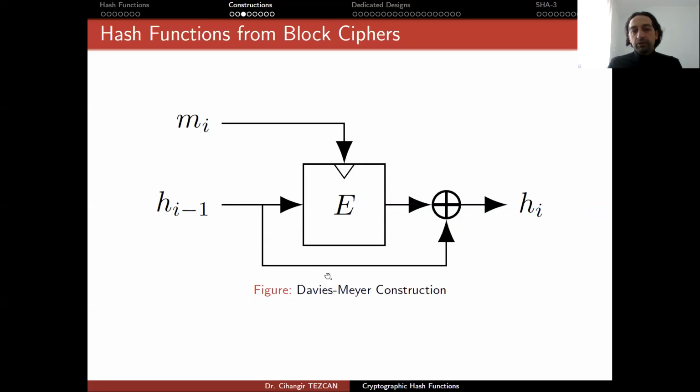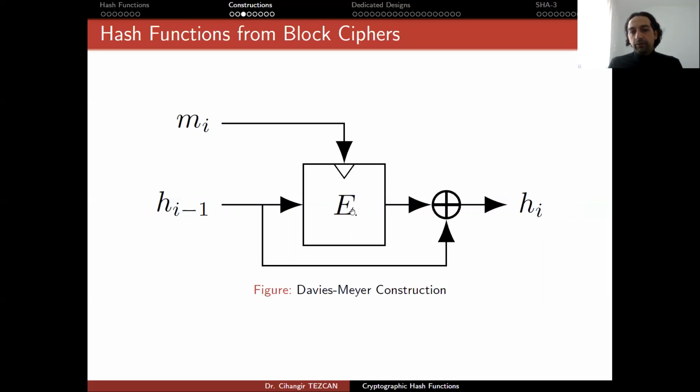But after the first encryption, you will get the next compressed value and take it here. So increase i and do it again and again and again. It doesn't matter how much message information you have. After repeating this, you will finally produce an h_n value; if you have n message blocks, you will produce h_n, which will be your hash output.